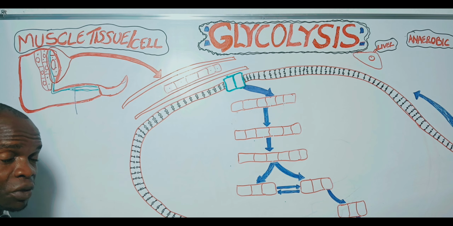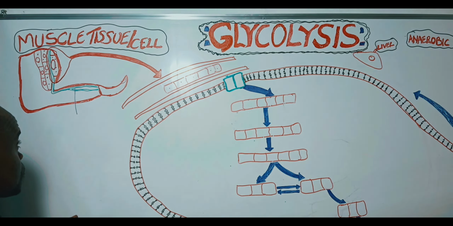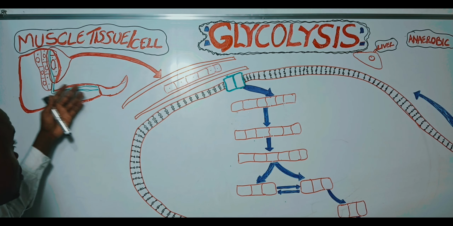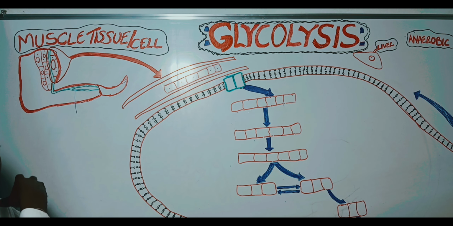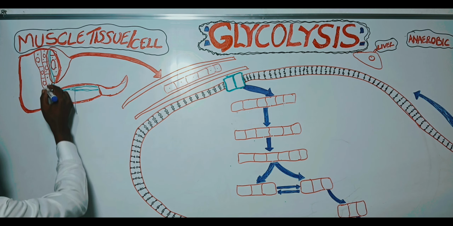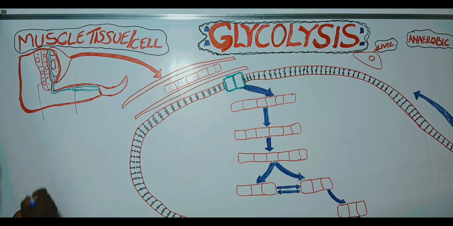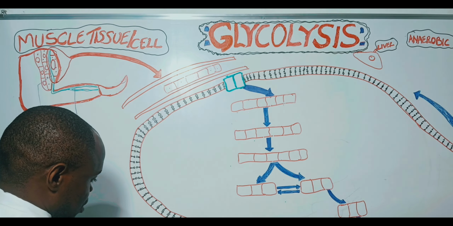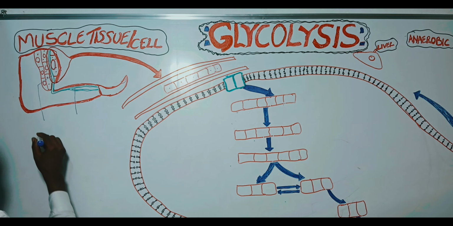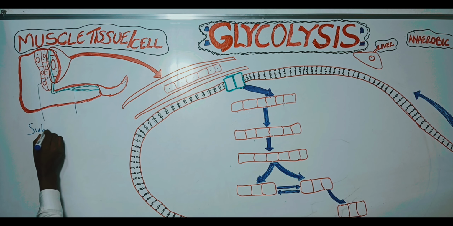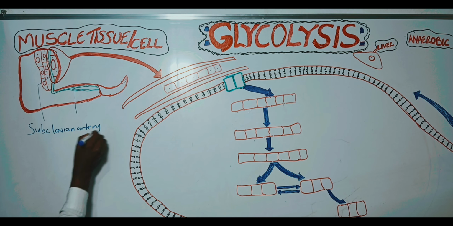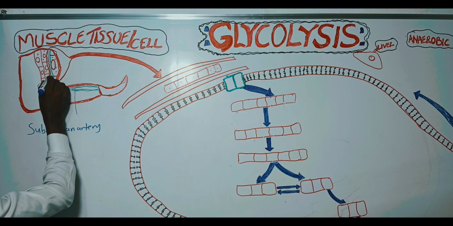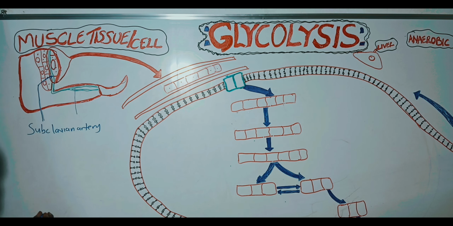Remember, if you go back, the blood vessel which enriches the forelimb with materials is the subclavian artery. The one you are seeing here in green is the subclavian artery.